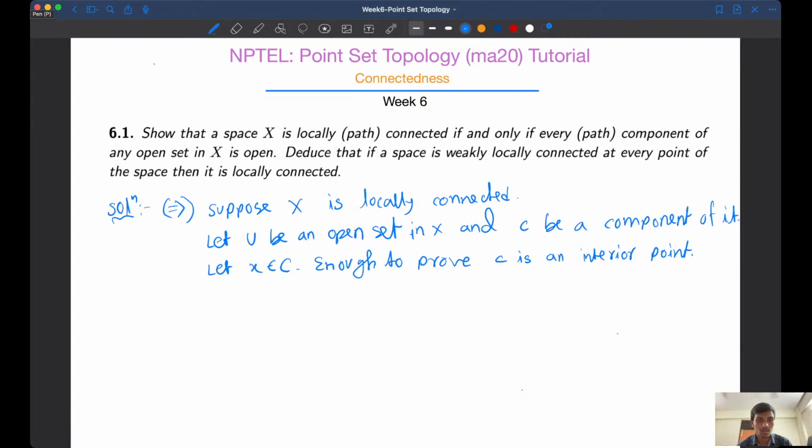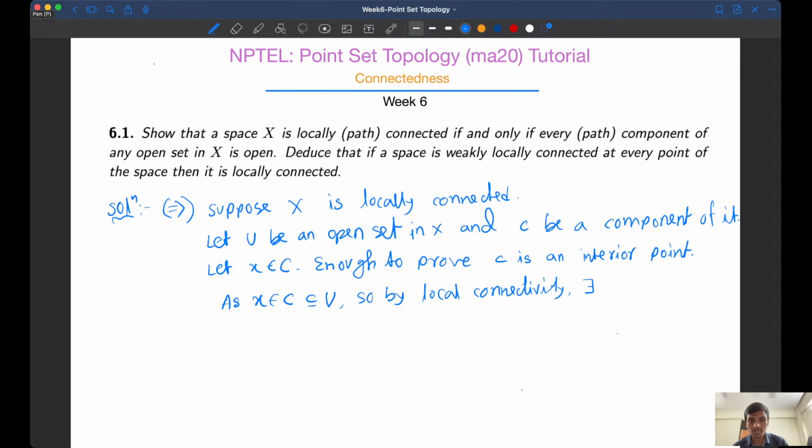So as x belongs to C and C is a subset of U, by local connectivity there exists some connected open neighborhood of x that lies inside U, right?